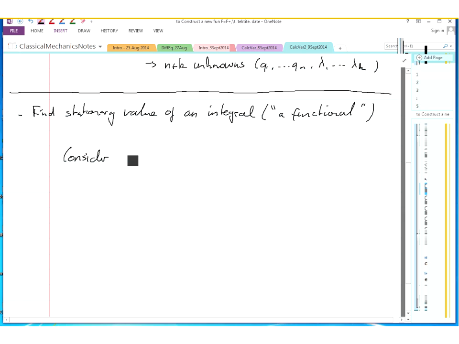So consider an integral, which we'll call I for integral, of some function L that depends on other functions. In particular, a function that depends on y, y prime, and x.